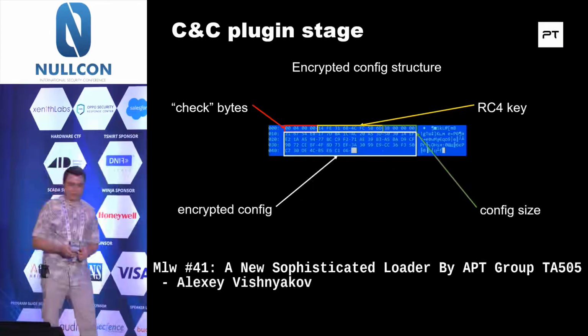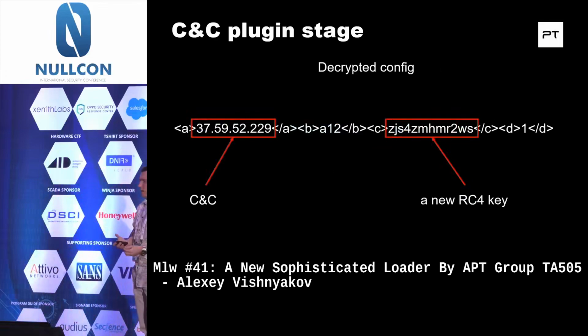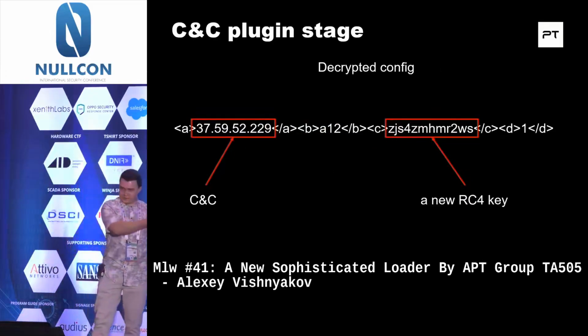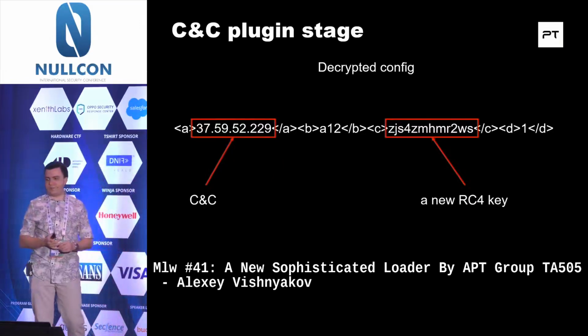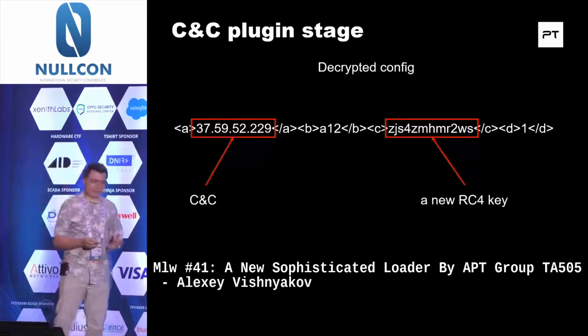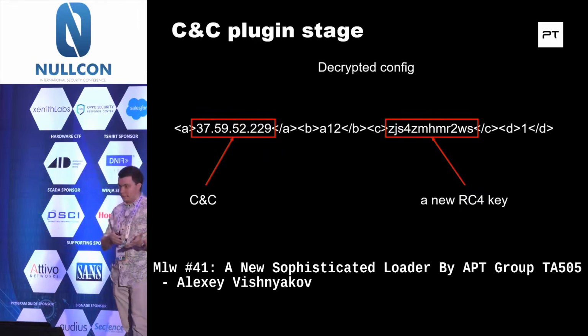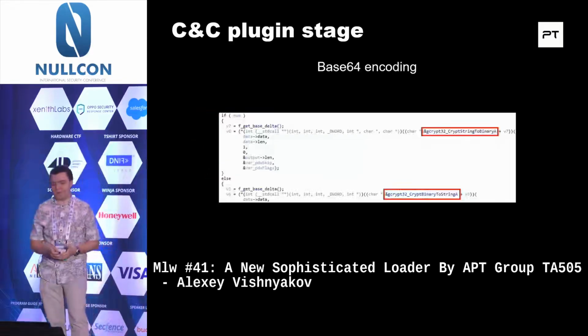So we can use this key and decrypt it, and we have an HTML style string. The most important values for us, as you see, are the IP address, the C&C address for our future communication, and a new RC4 key, which will be used to encrypt and decrypt communication between our plugin and the server.